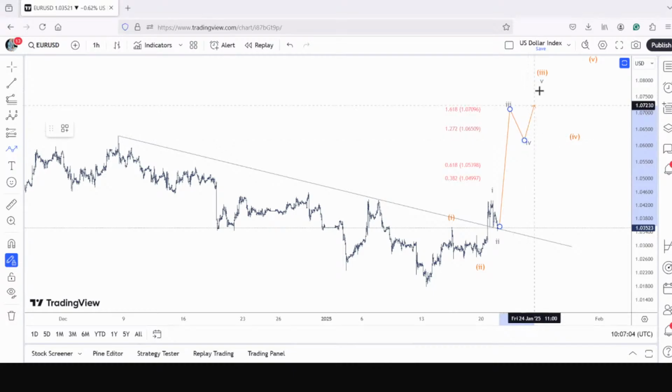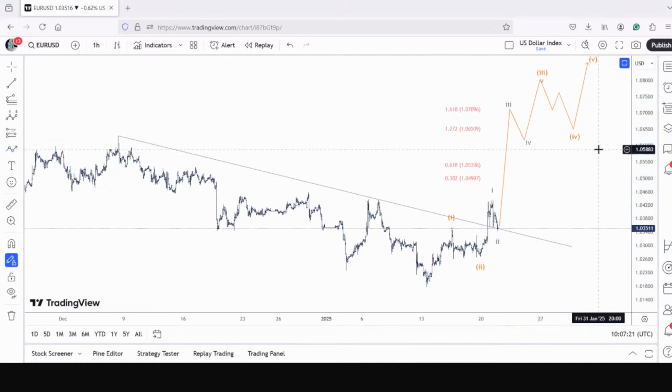Amazing. Wave 4 and 5, so that completes wave 3 of a minute degree, and then you might see a three-wave corrective decline, wave 4 of minute degree and wave 5. So that is what could be the trajectory.